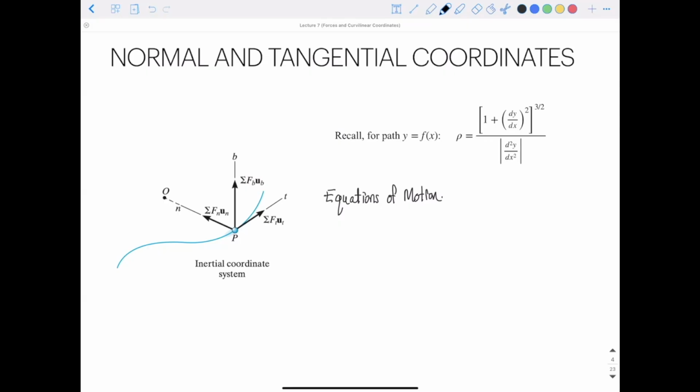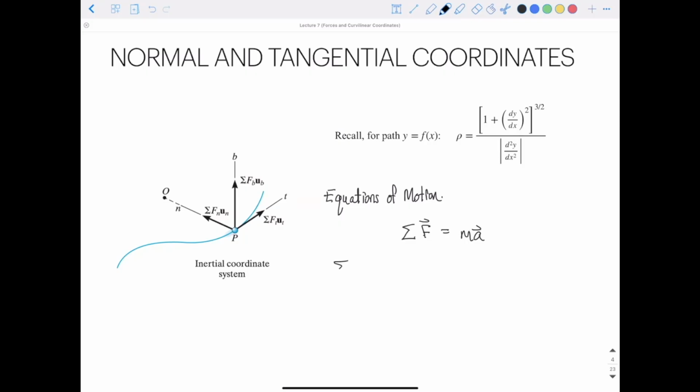Just like we did with our rectilinear or Cartesian coordinates, we can write the sum of the forces is equal to the mass times the acceleration of the particle. And we can break this, just like we did before, into our components.